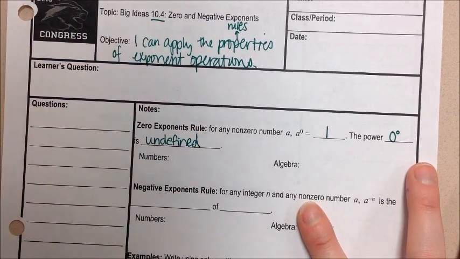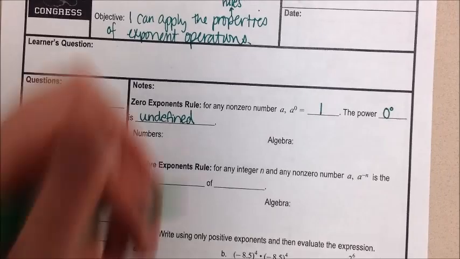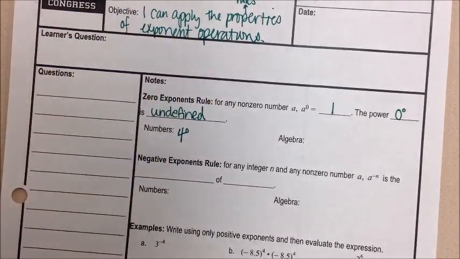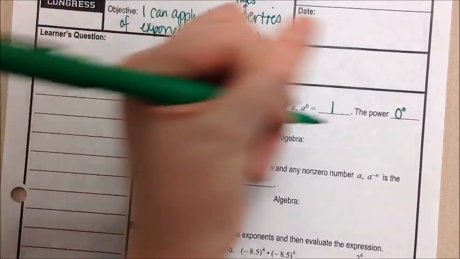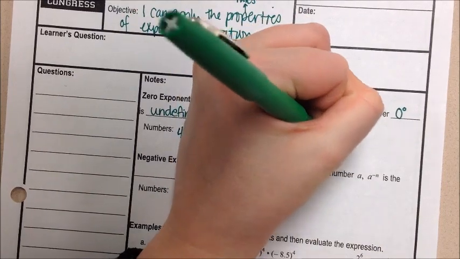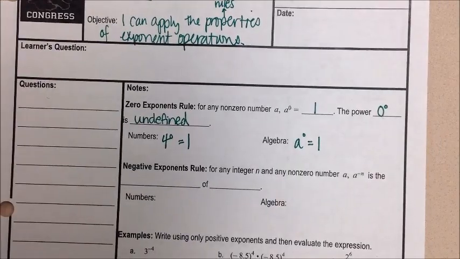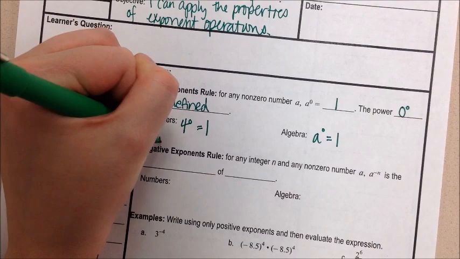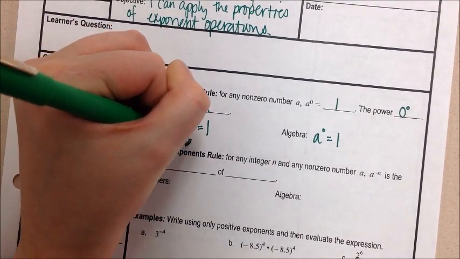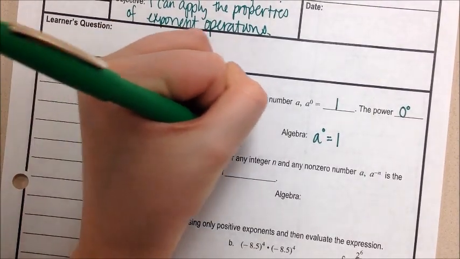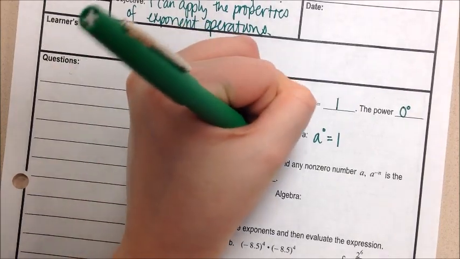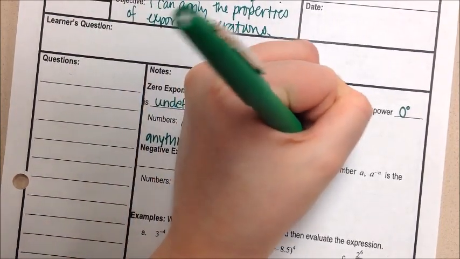In numbers, if I have 4 to the 0, that equals 1. And in algebra, a to the 0 also equals 1. So anything to the 0 power is 1.